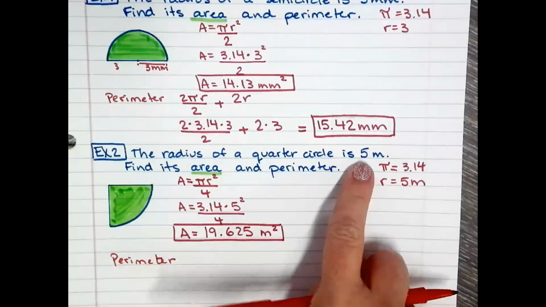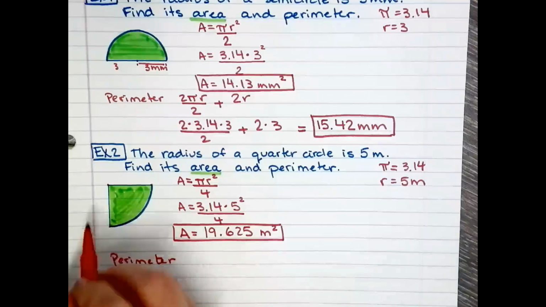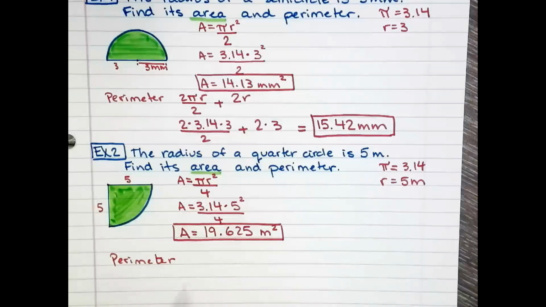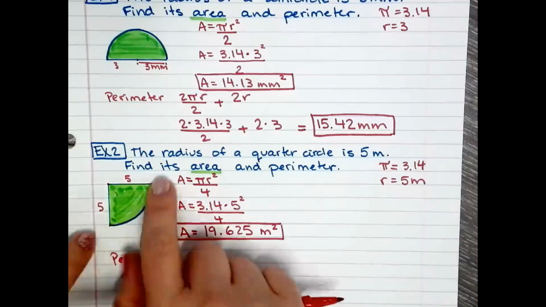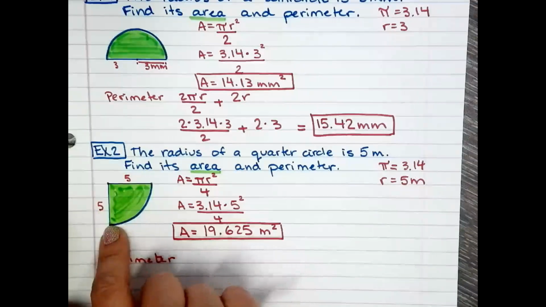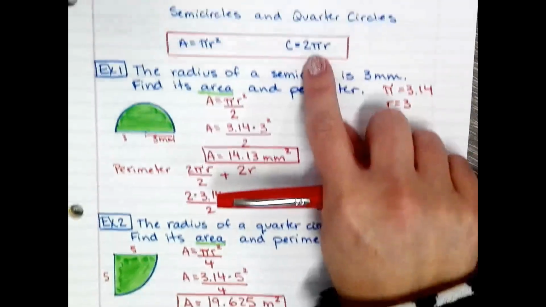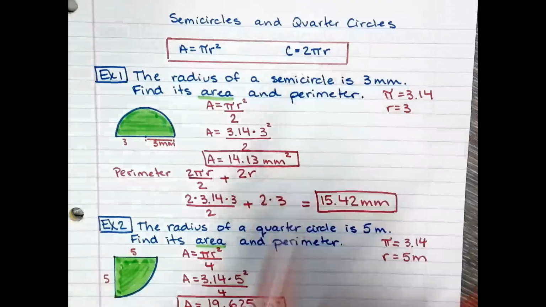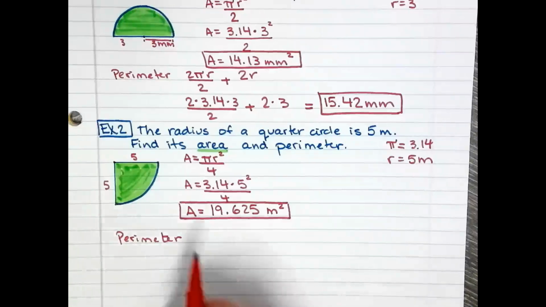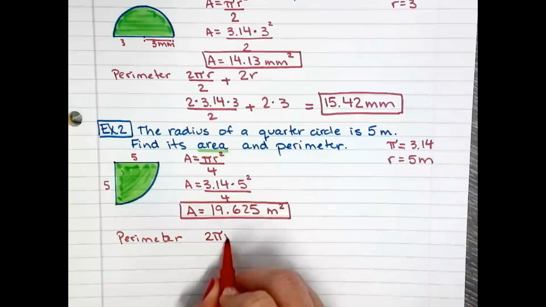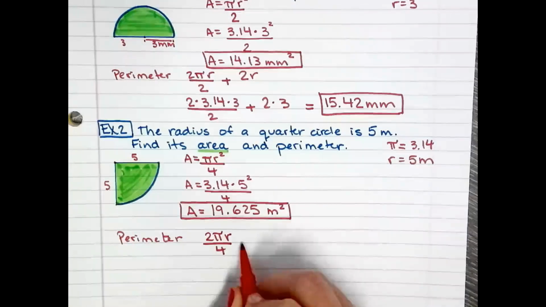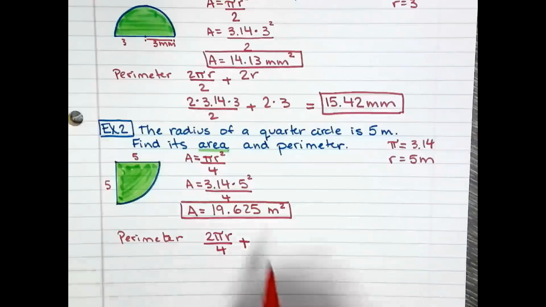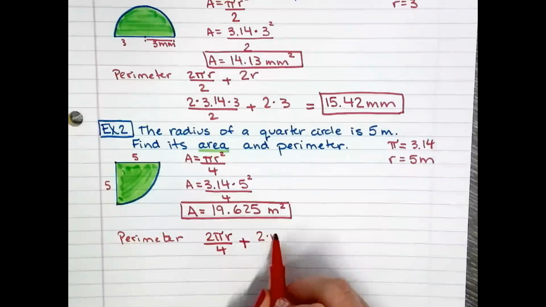I know the radius is 5, so the distance from the center to the edge is 5. If this is 5, this is also 5. Easy. And I know the full circumference, the whole go-around of that circle, is 2 pi r. But I only have a quarter of it, so we will use this formula and divide it by 4 because it's a quarter circle: 2 pi r over 4 plus the 2 radius, one radius and another radius, 2 times r.